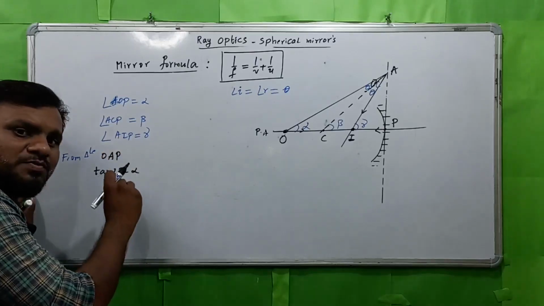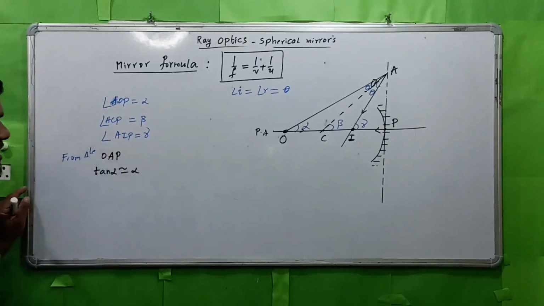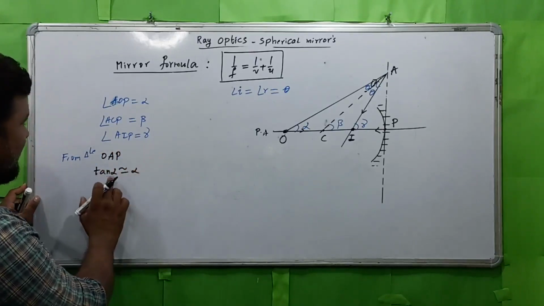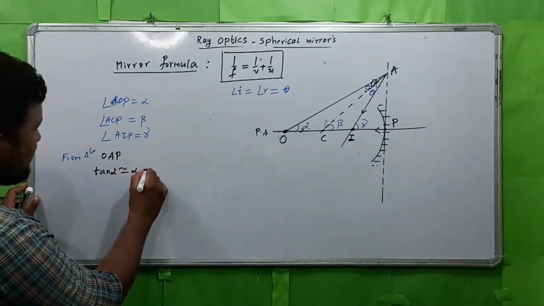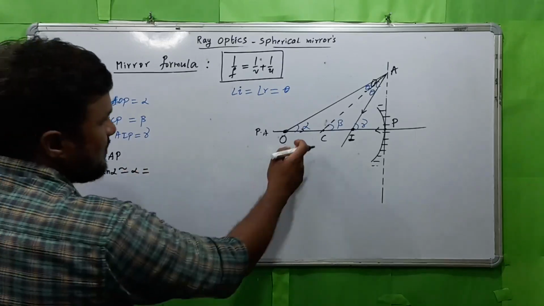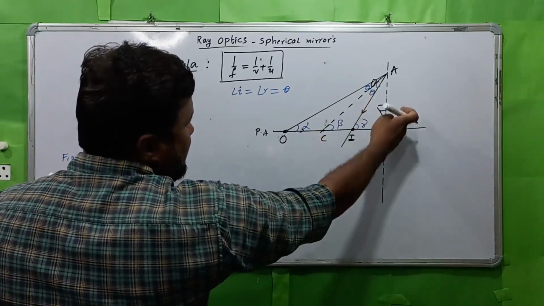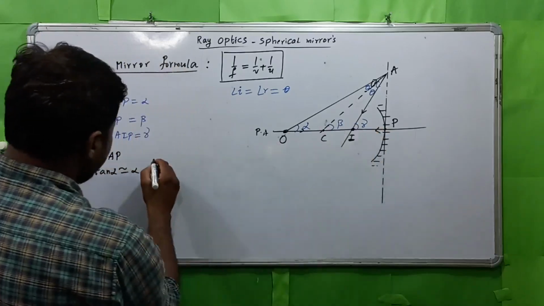Angles are considered to be very small according to paraxial approximation. Tan alpha, similar to alpha, is equal to opposite by adjacent. Opposite is AP, adjacent is OP.